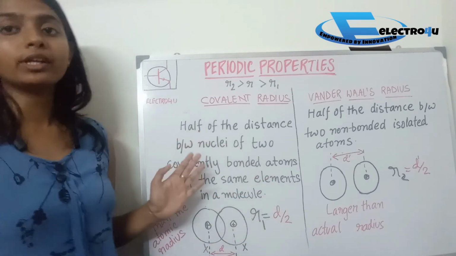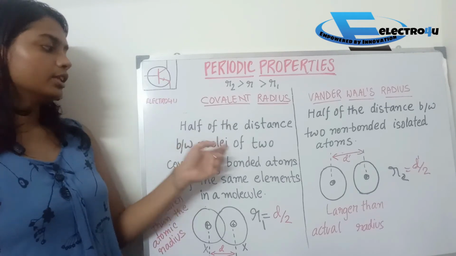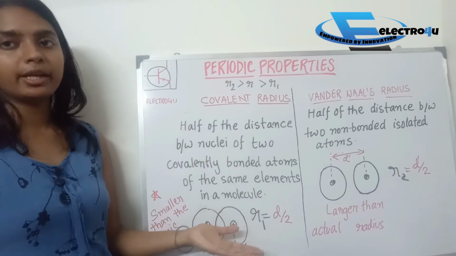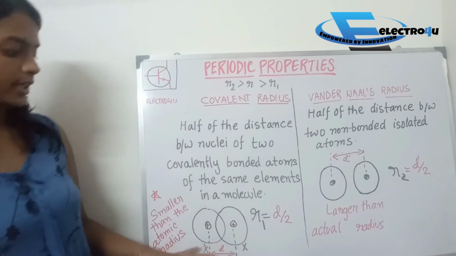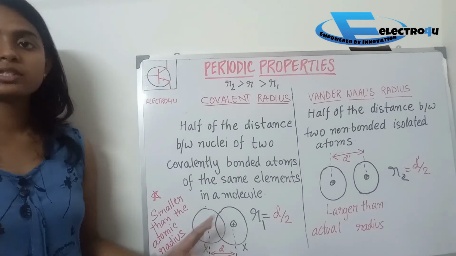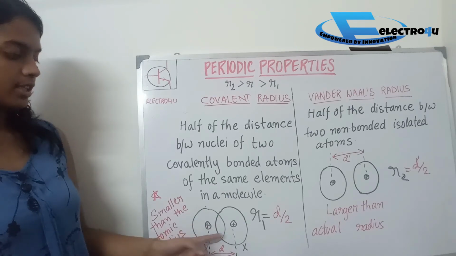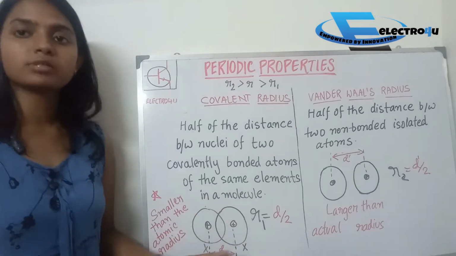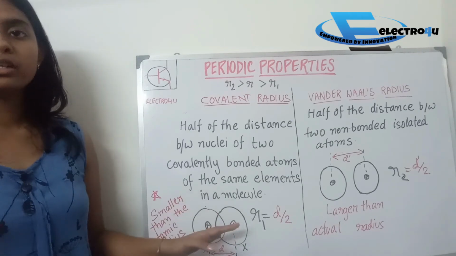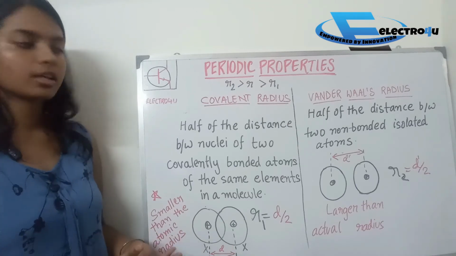First we will start with covalent radius. It is half of the distance between the nuclei of two covalently bonded atoms of the same element in a molecule. So let us see with this example. Here these two atoms are of similar element, that is X. Also these two atoms are covalently bonded, that means they are bonded with each other by sharing electrons between them.